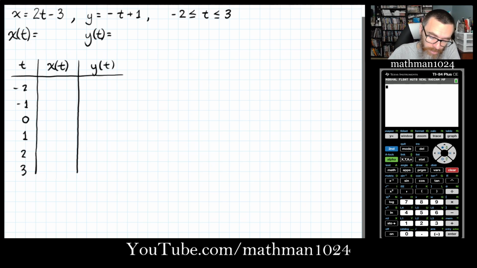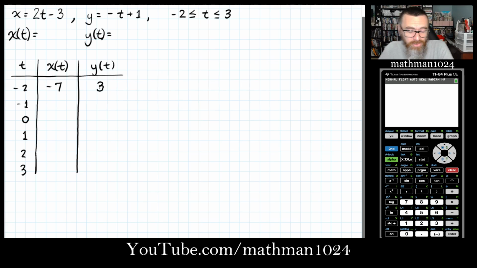So when we plug in negative 2 into here, it's 2 times negative 2 minus 3, so we get negative 7. And we plug negative 2 into here. So negative times negative 2 is positive 2, plus 1 is 3. So that's our first ordered pair, negative 7, 3.